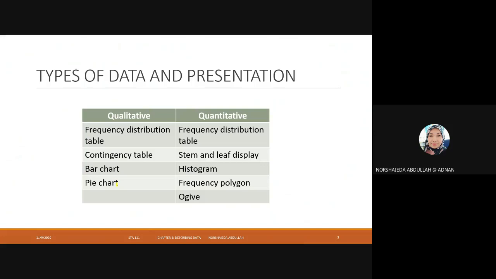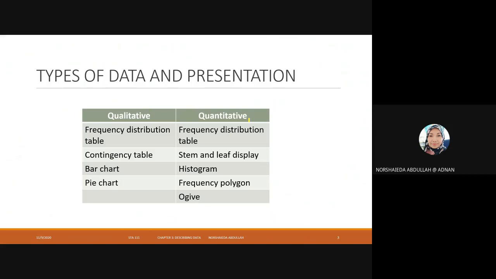For this week's class, we will discuss qualitative data presentation first. Next week, we will continue with quantitative data presentation. For qualitative data, the two most commonly used forms to present the data are tables and charts.